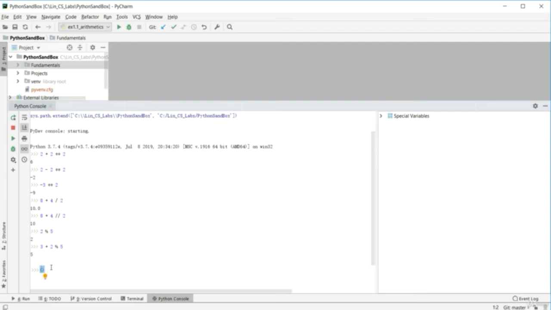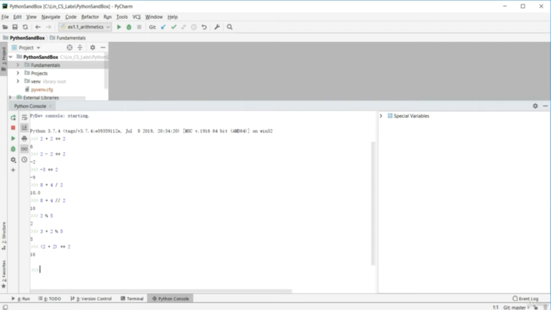For example, if we want to do 2 plus 2 first, and then raise to the power of 2, we do this. We enclose 2 plus 2 in this parenthesis. So now it would do 2 plus 2 first, which is 4, and then raise to the power of 2. Now you see the difference.